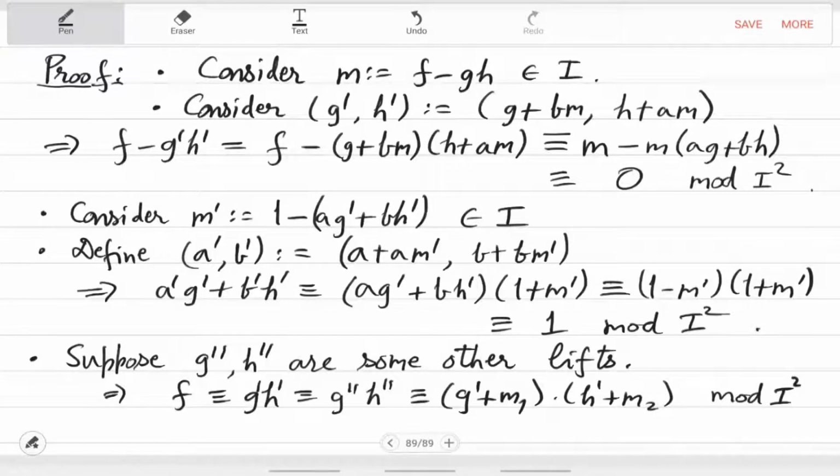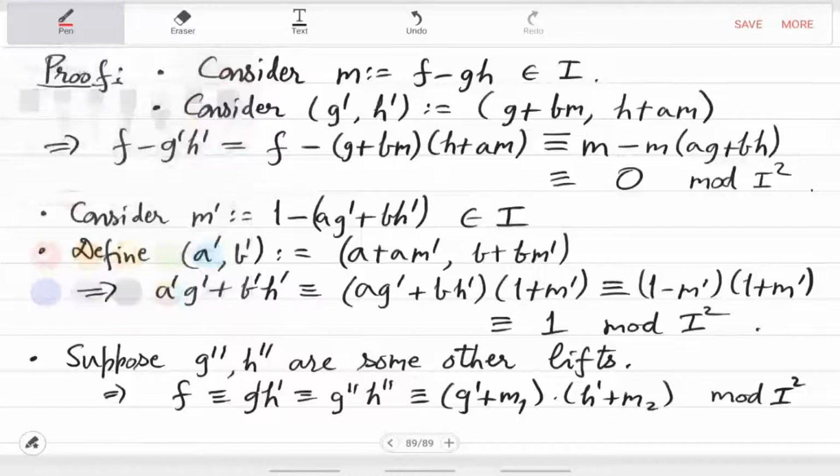M1 is g double prime minus g prime and so is m2, analogous, h double prime minus h prime. So where does that put m1? In I. Yeah, you cannot say I square, you can only say I. So you know that both g double prime and g prime are the same mod I. So the difference is actually 0 mod I, right? So m1 and m2 are in I.